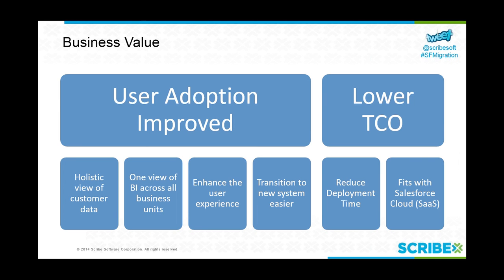As we showed you today, it's quite fast and quick to build out solutions, thus reducing your time to business value, and ultimately reducing your total cost of ownership of your CRM system. Providing a complete view of the customer really enables your teams to react more quickly, sell more, and service customers better.